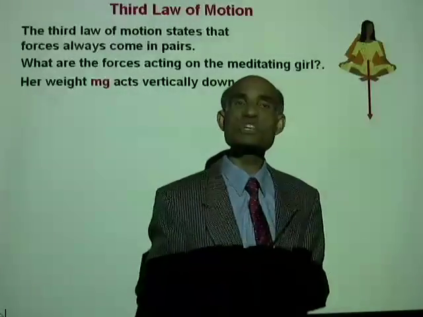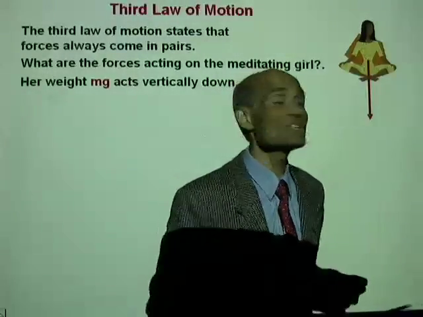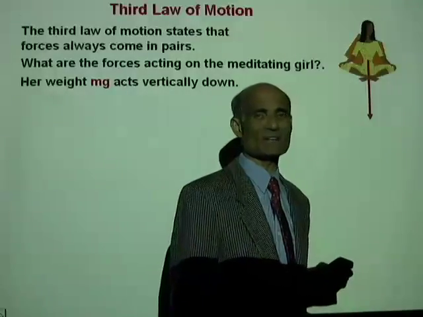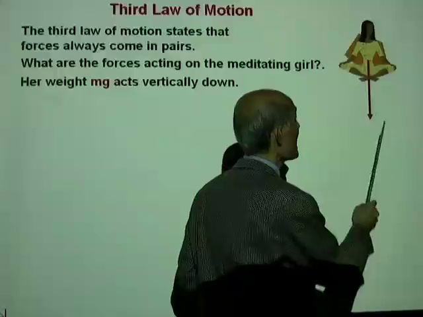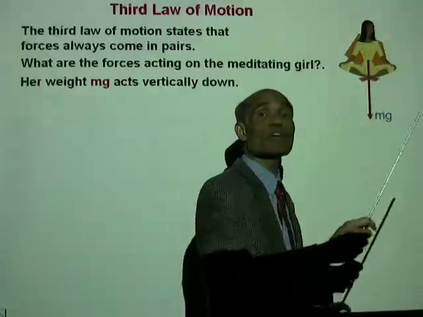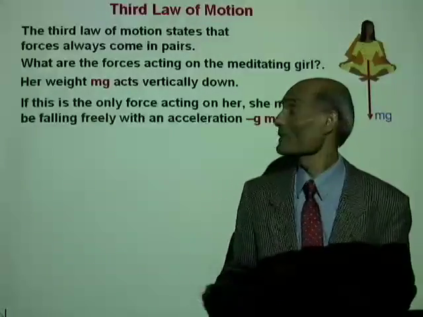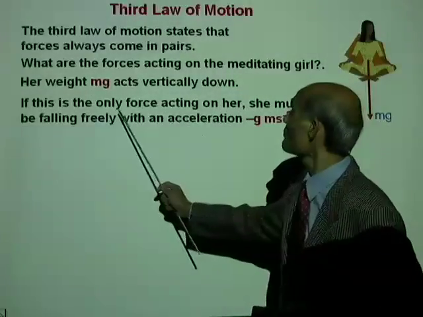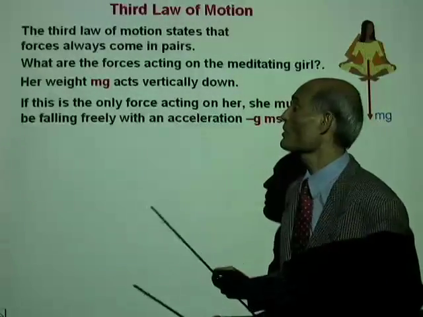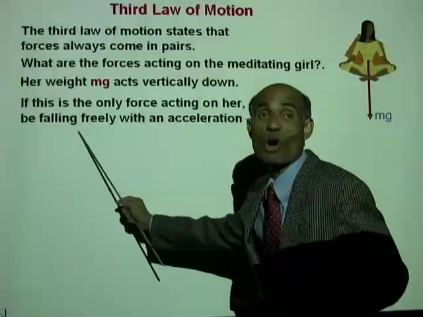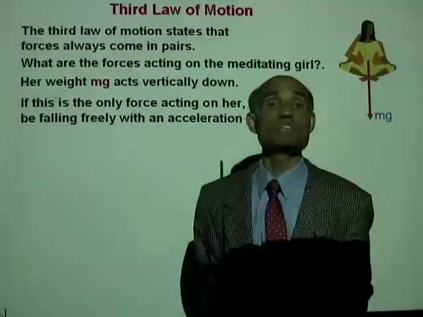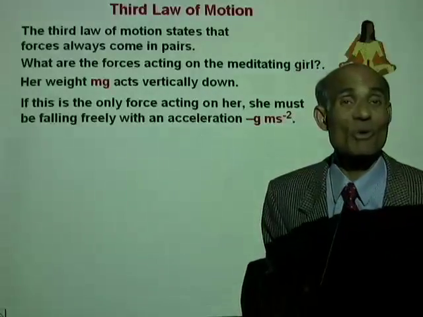Now, why isn't she going down? She's sitting on a platform actually. She's not in air. Well, the platform will apply a force upward. So, if the weight is the only force acting on her, she will be falling freely with an acceleration of negative g meter per second squared.